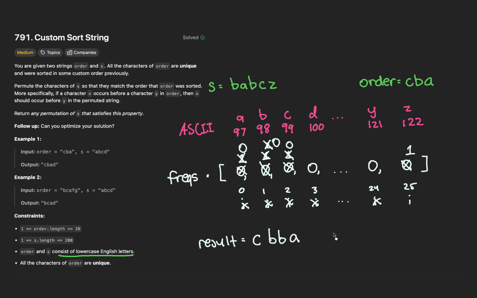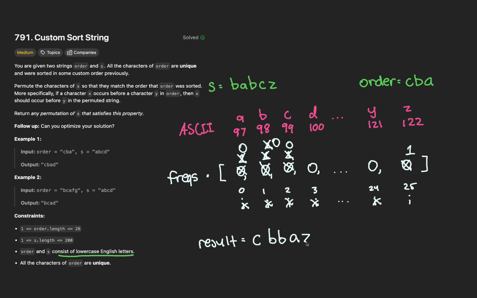But hold on, how do we map the index of 25 to a character of Z? So far, we only did it the other way around from character to index. Let's not overthink it. All we have to do is the inverse. We can instead add 97 to the index of 25 to get 122, or in other words, z.